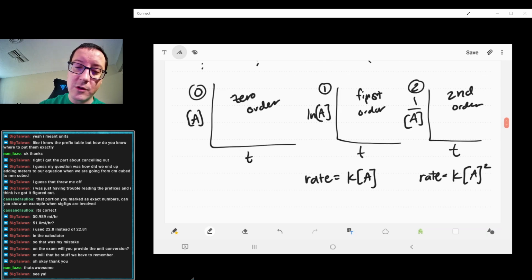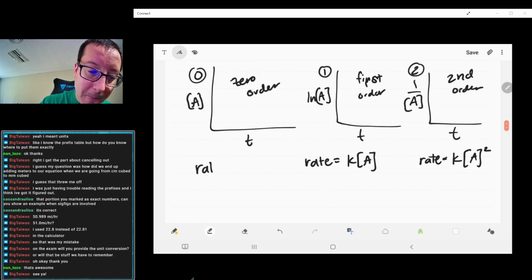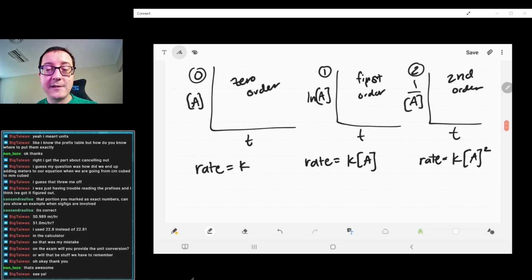One that's zero order does not actually have a dependence on concentration. These are a bit less common, but they do exist, where something is just happening at a steady rate continuously. There's no concentration dependence on it.